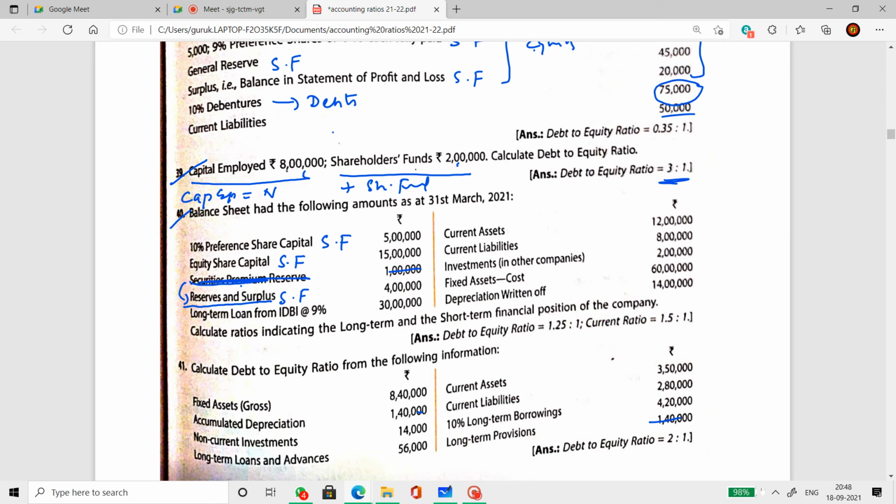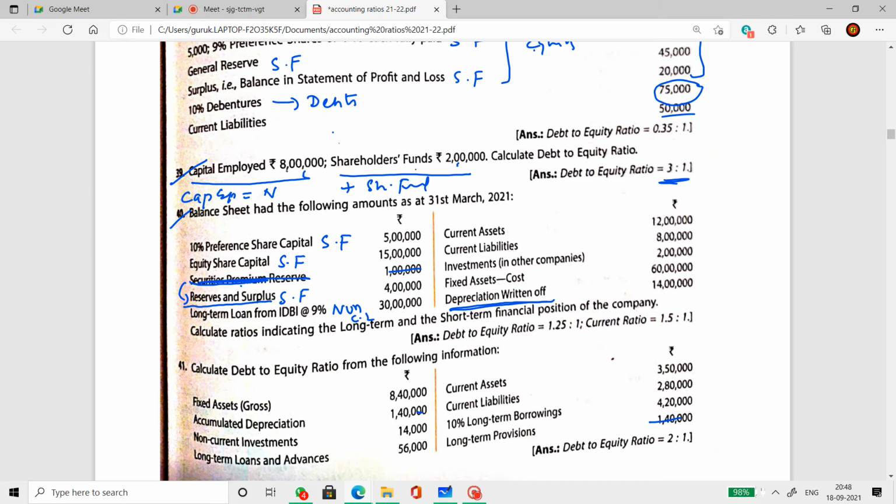Long-term loans from IDBI is long-term debts or non-current liability. Current asset, current liability, investment, fixed asset, and depreciation written off. Now, when depreciation is given, you can deal with it in 2 ways. One, take depreciation under long-term debts and provision, and fixed asset will be maintained at cost there.